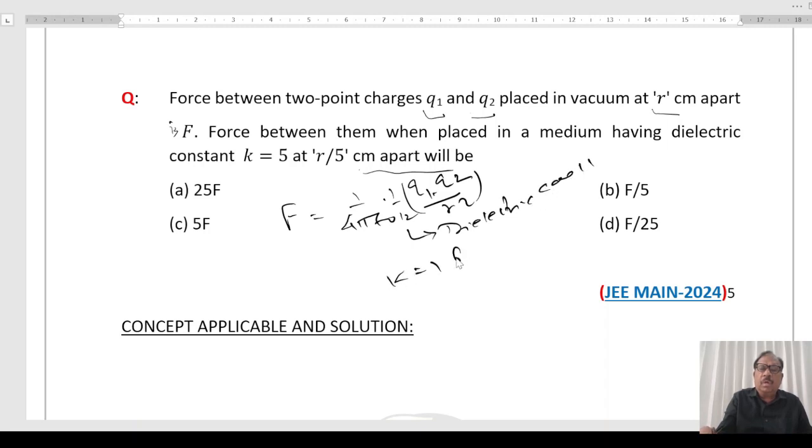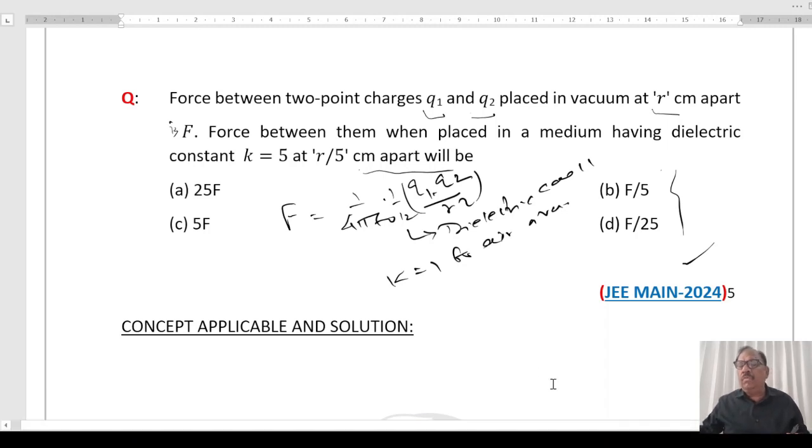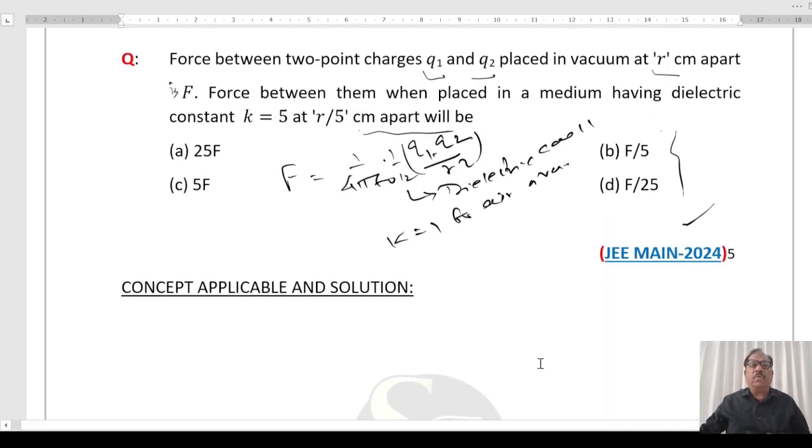K equals 1 for air or vacuum, and for the remaining mediums it is greater than 1. Means when a system of charges is immersed in a medium, their force decreases, right? But in this case, the medium is being changed and the distance is reduced. Four options are given to you, and one of the options is correct. This question is taken right from 2024.